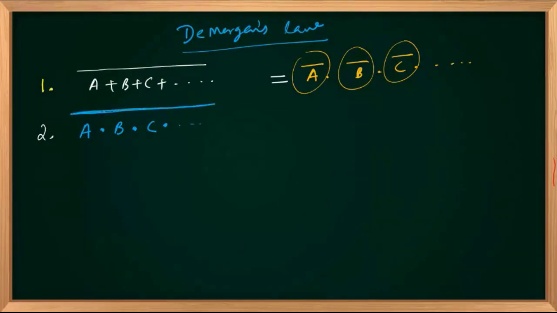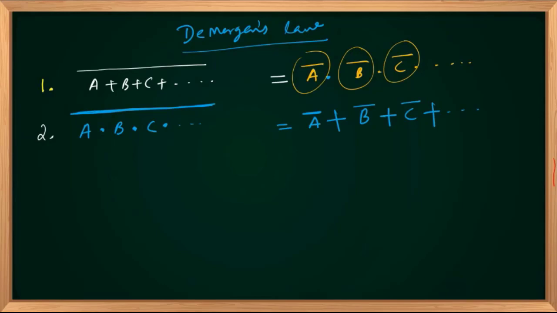Right hand side also I should take the dual. A complement will be A complement in dual form. No change for variables or complemented form of variables. A bar should appear as A bar itself while taking the dual. But this and sign should be replaced with the or sign, B bar as such and with or, C bar as such, etc.